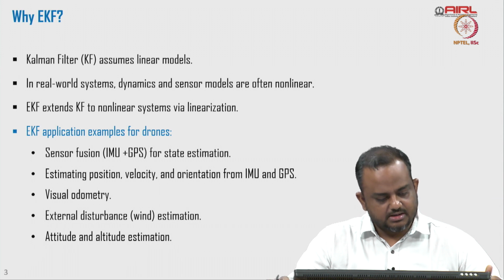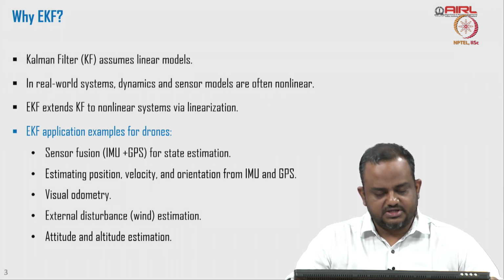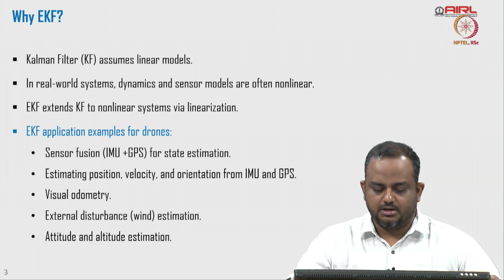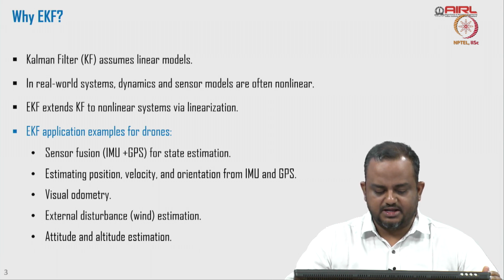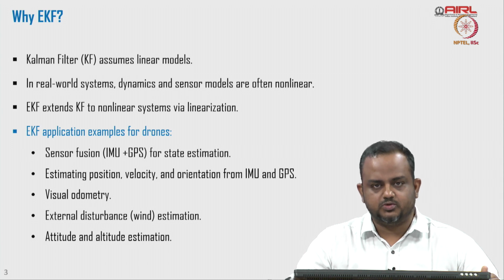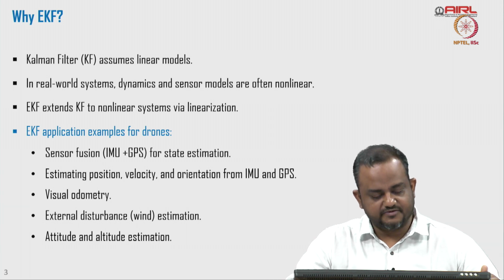So, what are the applications of extended Kalman filter in drones? EKF is used in sensor fusion for estimation. It is used for estimating position, velocity and orientation from IMU and GPS. It is used for visual odometry and external disturbance estimation. When there are wind gusts in the drone systems, then estimating the wind gust as an external disturbance can be done by extended Kalman filter.